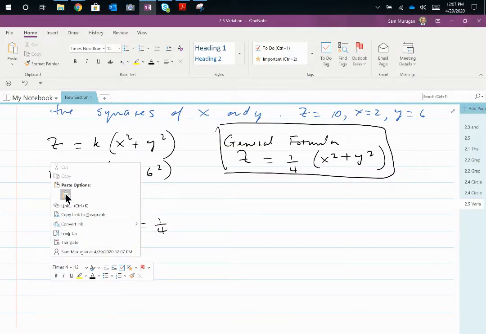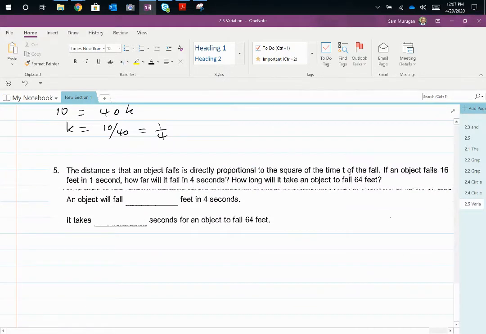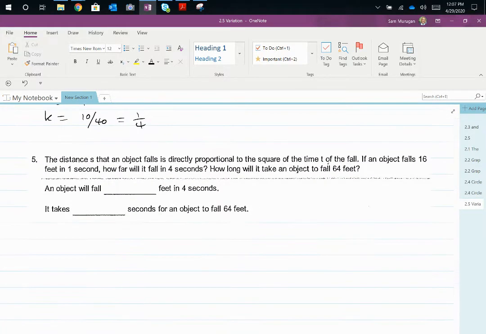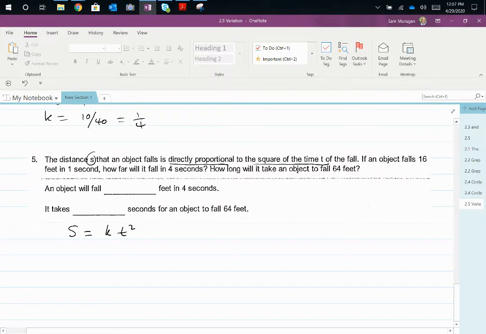Okay, here we go. By the way, all the examples I'm doing are from the homework. The distance that an object falls is directly proportional to the square of the time. So S is the distance, S equals k times t squared. Object falls 16 feet, so when S is equal to 16, t is equal to 1.